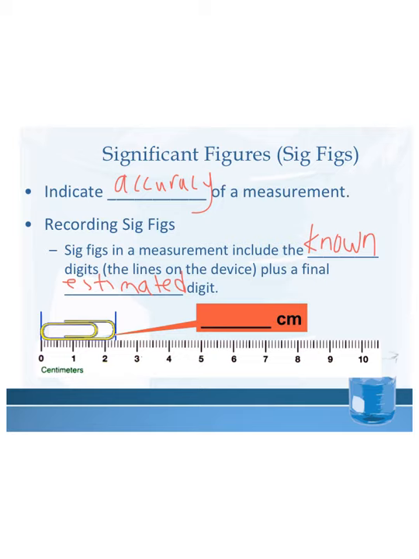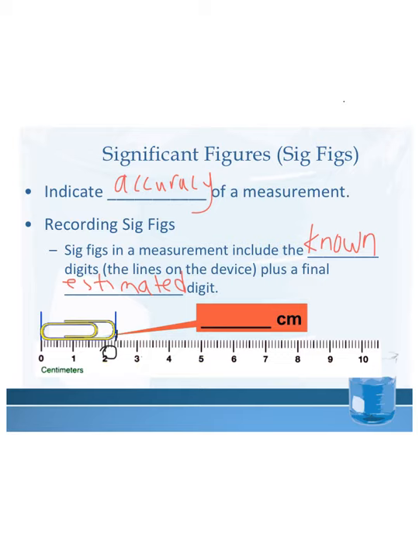Okay, so using what we were doing before, I want you to look at this paper clip and come up with the value for this. So look and see what you know. And what we know is this 2. We also know right here that this is on the 3rd line.